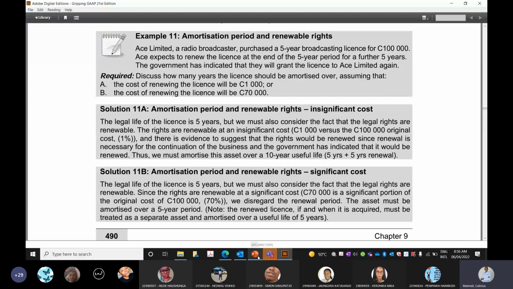We're renewing it, extending it for a further 5 years, and you're going to pay 1,000 to get that additional 5 years. Okay.